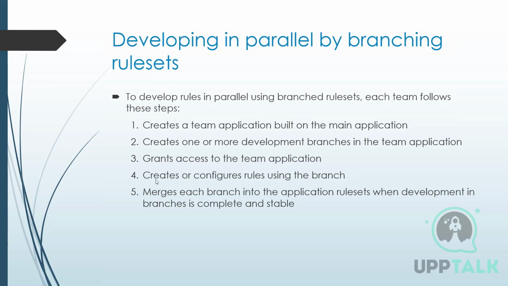We merge the branches into the main application and make sure the conflicts, if any, are resolved. You can see the conflicts on the wizard, and if you see any conflicts, they have to be resolved. This is the typical process that we follow in order to make sure parallel processing is handled. Let's see how we do this. We'll see each one of these in detail, and parallelly we will also work on it.